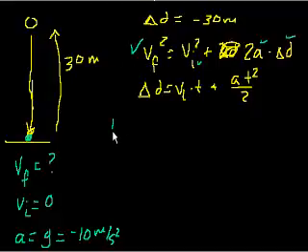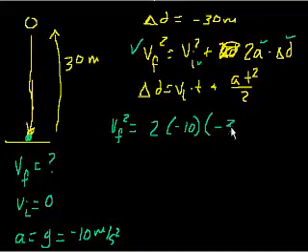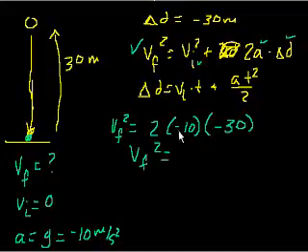So we get VF squared is equal to VI squared, well, that's just 0, times 2 acceleration, so that's minus 10. And then what's the distance? The change in distance is minus 30. So you get VF squared is equal to 10 times 30, which is 300, times 2 is equal to 600.